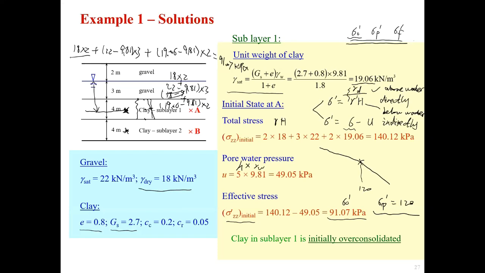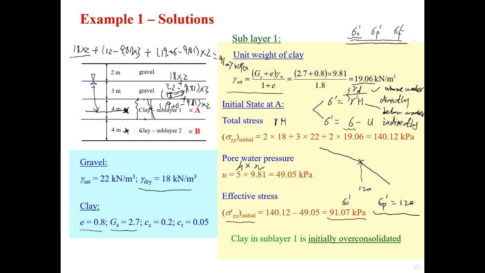If you use these formulas, the formulas we learned in this lecture, you always take the half of the clay layer. It's always calculated in the middle of the clay layer.